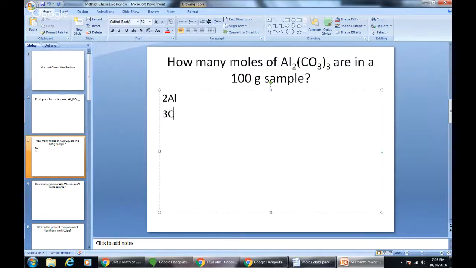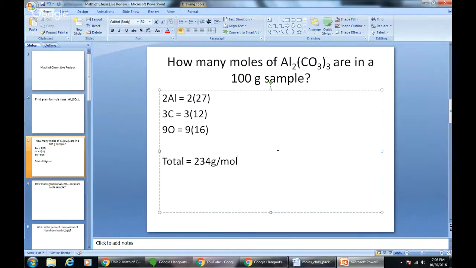There are 3 carbons, and there are 9 oxygen. 9 times the mass of oxygen, which is 16. 3 times the mass of carbon, which is 12. And then 2 times the mass of aluminum, which is 27 grams. You add all of that together. Total is 234 grams per mole.